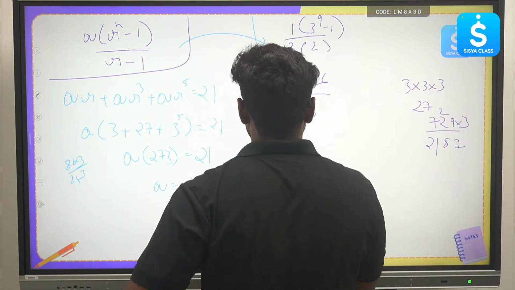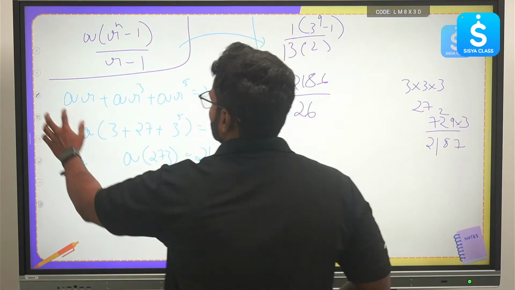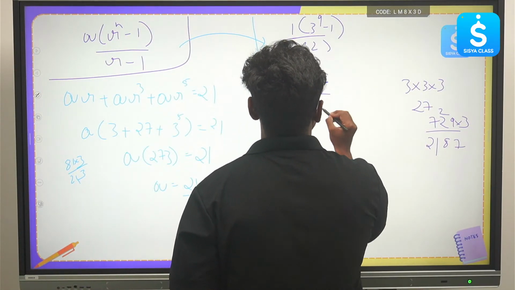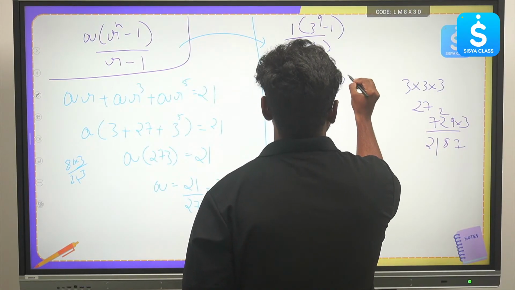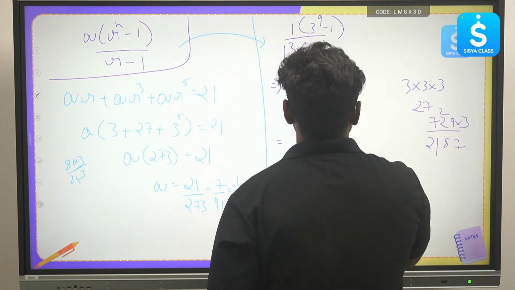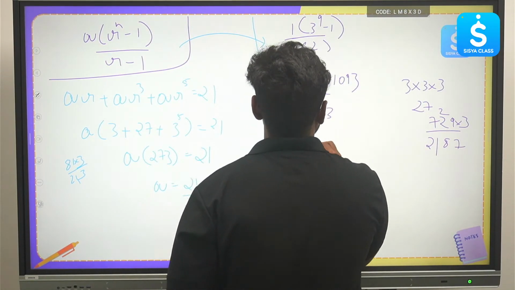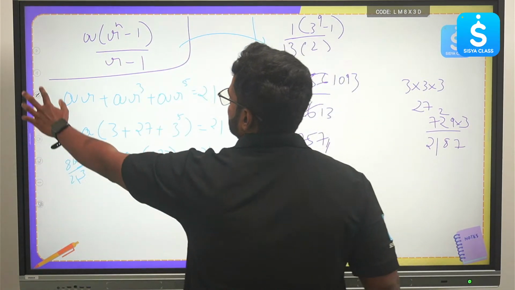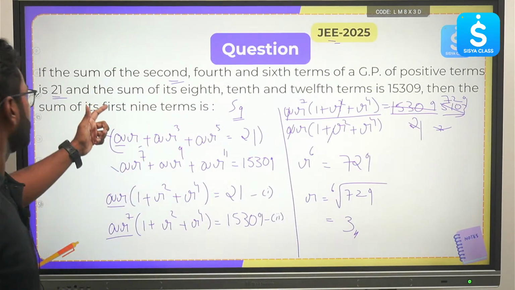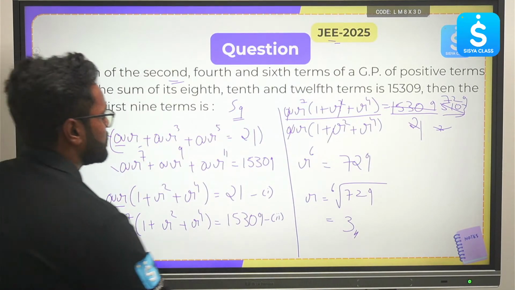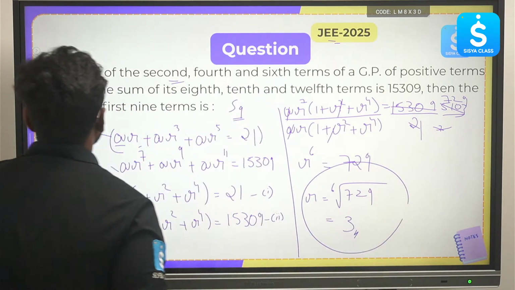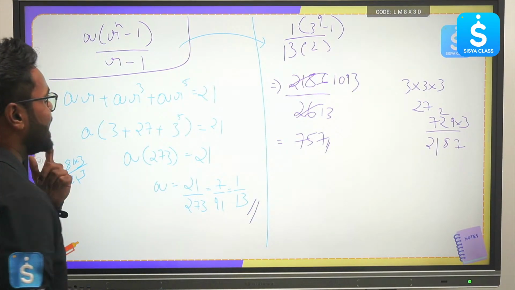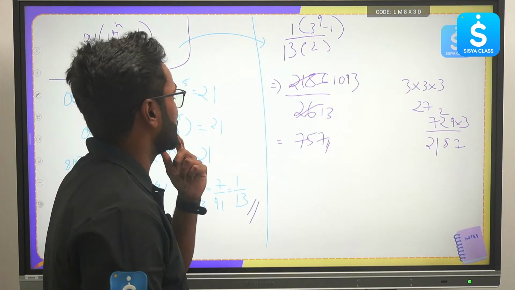If we cancel this out, we'd be getting around 84. We found out the value of R, and with that we found out the value of A, and finally substituted in the formula of Sn.